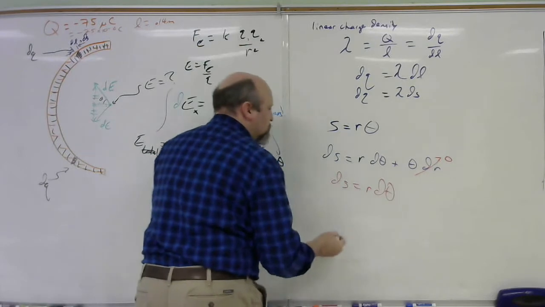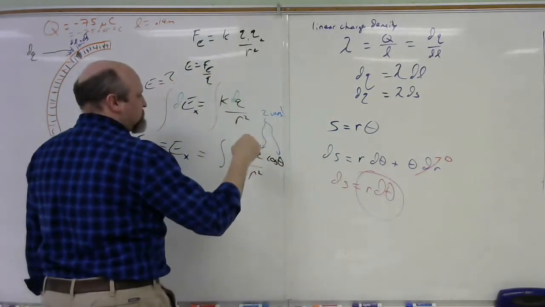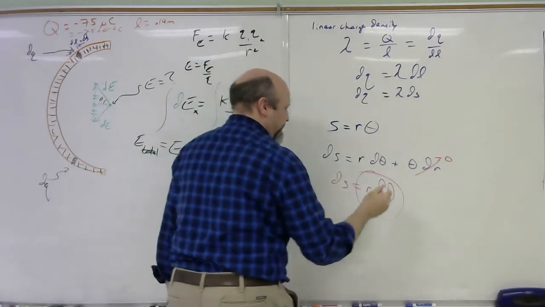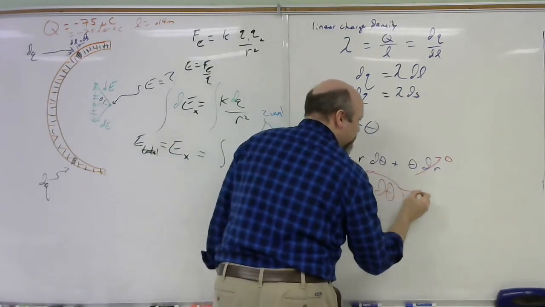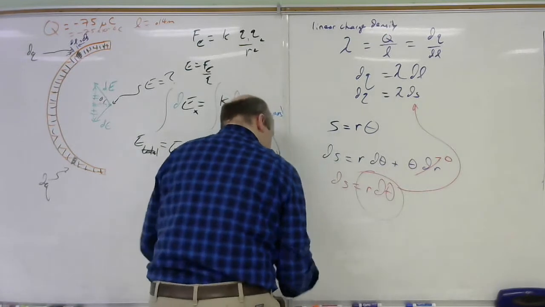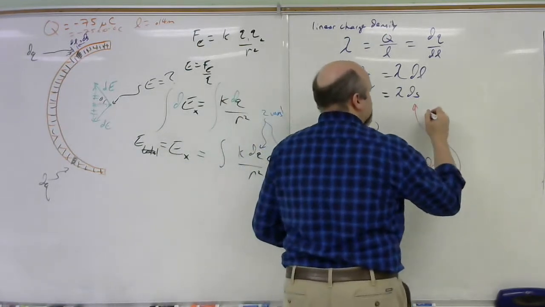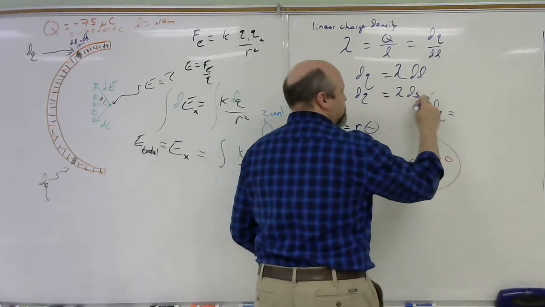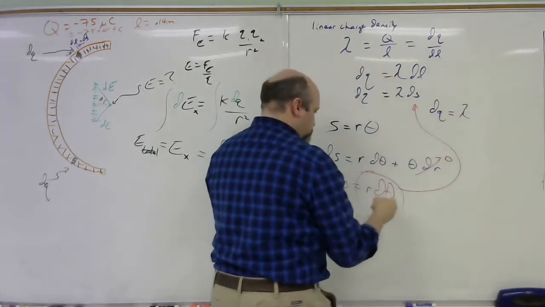Hooray! And so I can replace ds, the arc length, which is here, with this guy. So I'm going to get that dq is lambda ds. Lambda ds will be lambda r d theta.